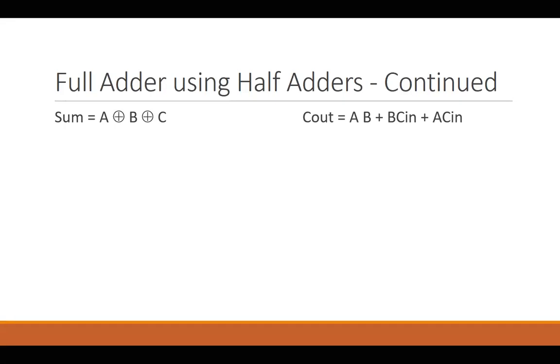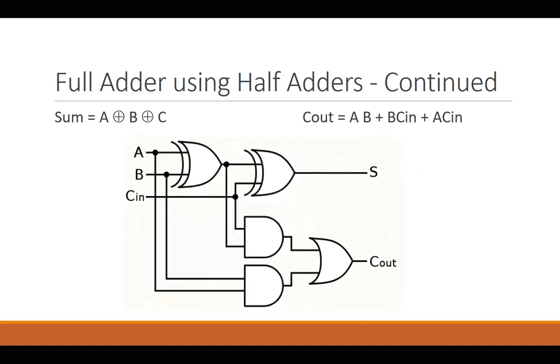Now that we have managed that, sum in its simplest form can be A XOR B XOR C and C out can be A dot B plus B C in plus A C in. We can easily represent that into a logic circuit diagram. This logic circuit diagram is showing us the end result of the truth table from which we started this discussion of full adder circuit.